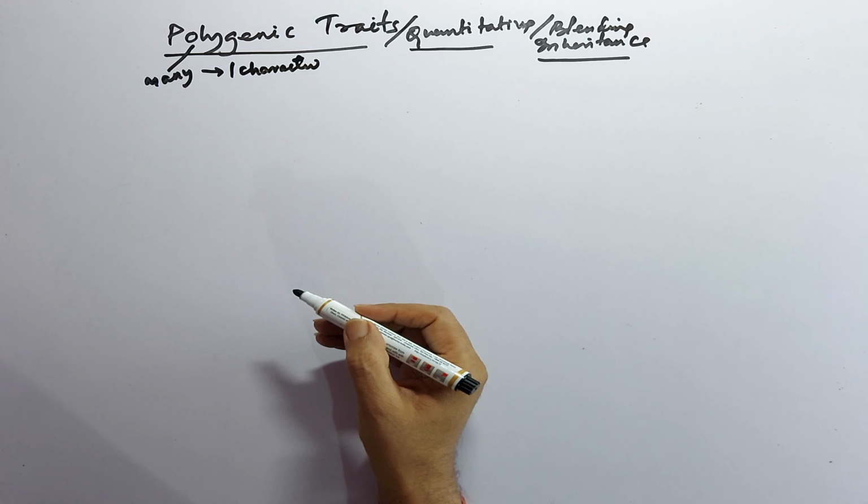Very important: we are not thinking about the type or quality of the gene, but only considering the amount or quantity of dominant genes present. That is why we call this quantitative inheritance. And why do we say blending?